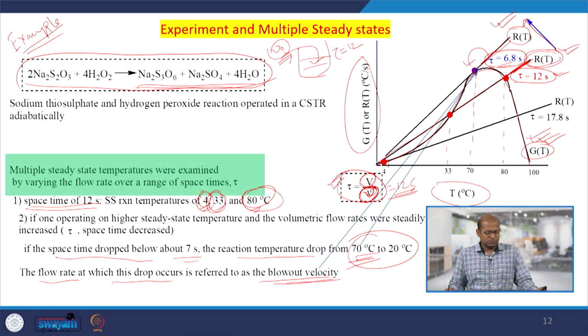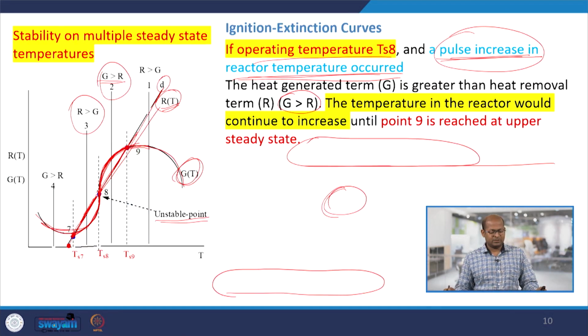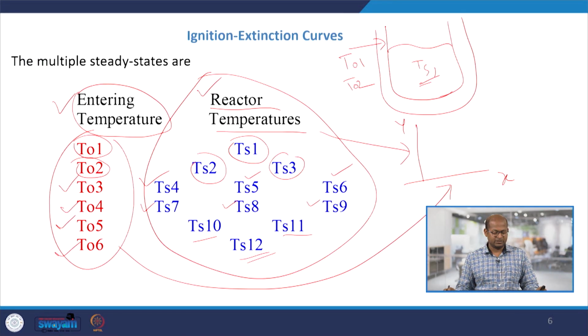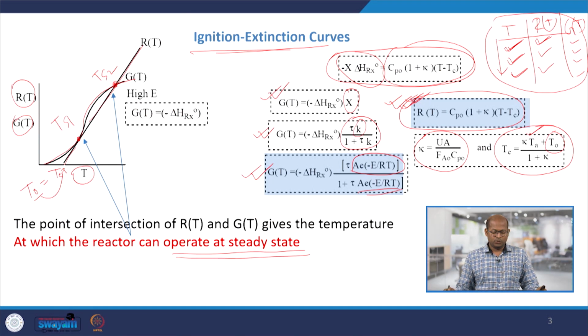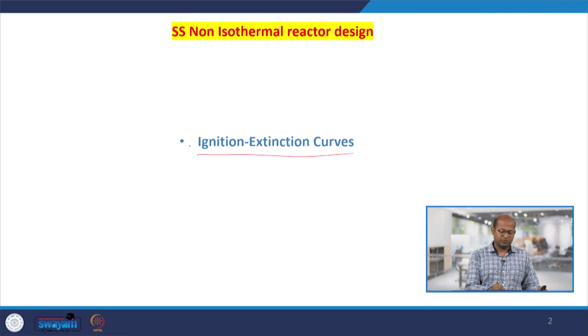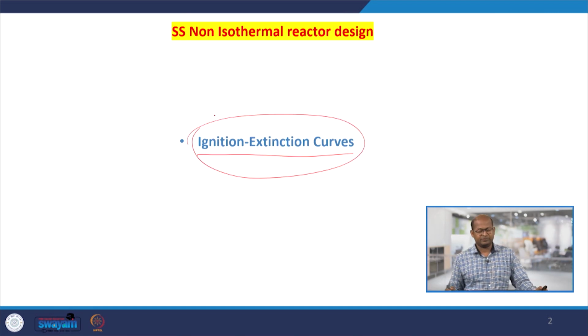Today, let me summarize what we have discussed. We started with how to develop ignition extinction curves for particular reactions when we operate in reactors where heat removal and heat generation are there, with coolant circulation through which we can take the heat out of the reactor system.